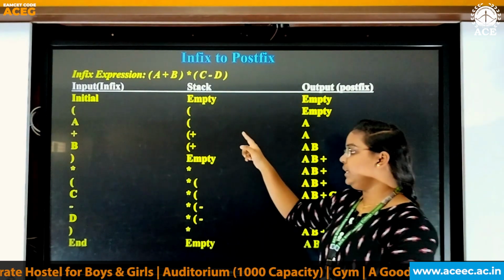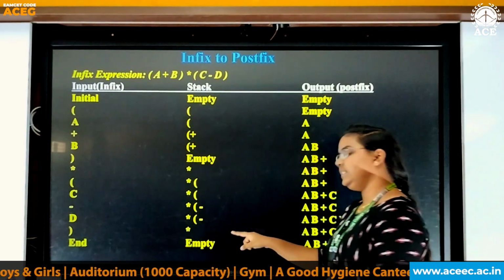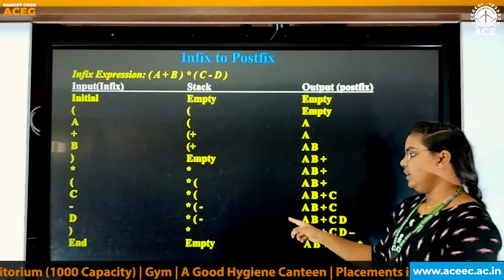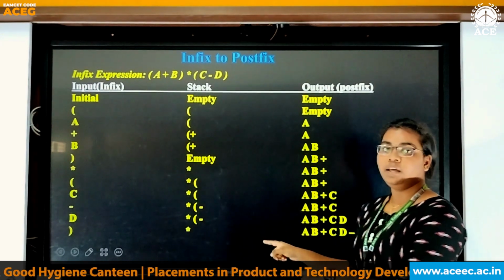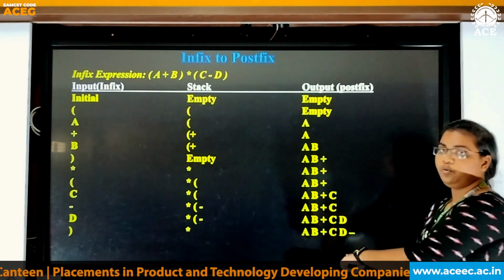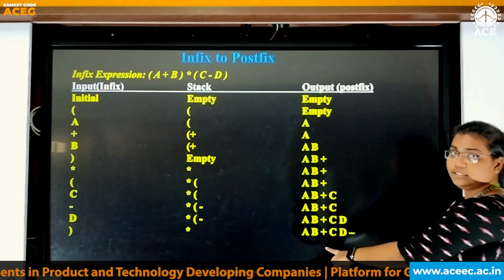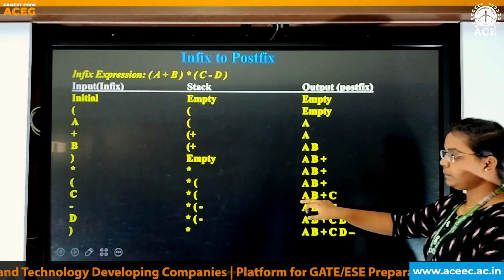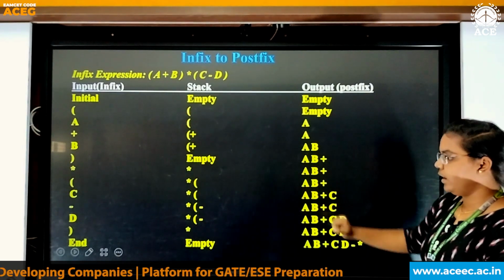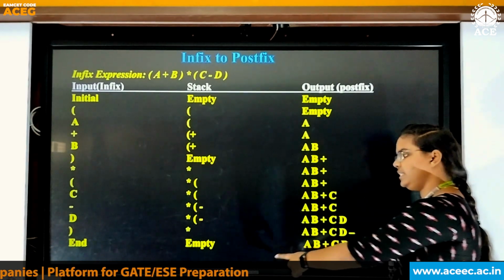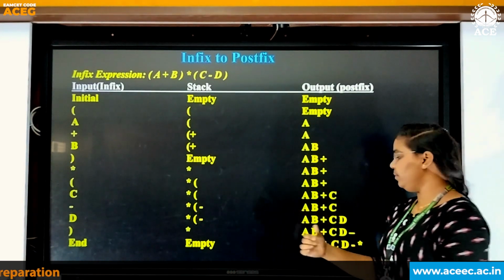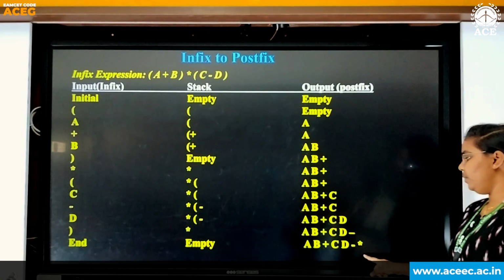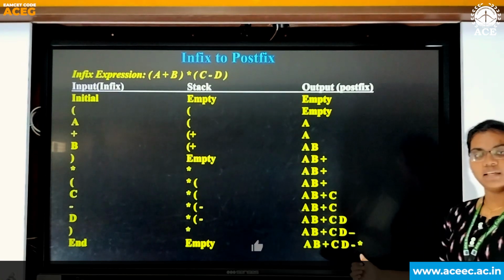The next reading symbol is a right parenthesis, so the operators in the stack are popped out until the left parenthesis, and the output will be AB plus CD minus. At the end, the remaining operators in the stack are printed in the output, and the final output is AB plus CD minus into.